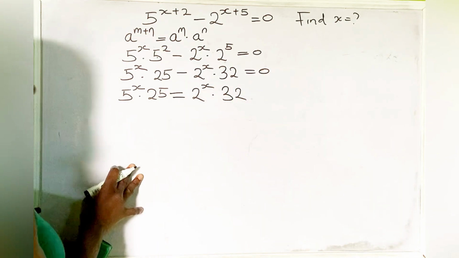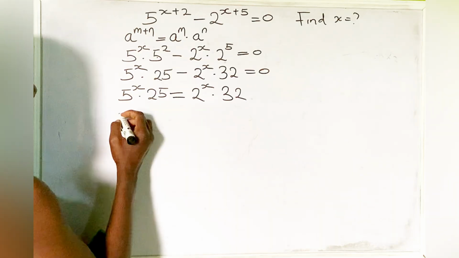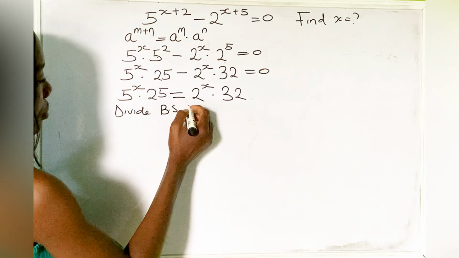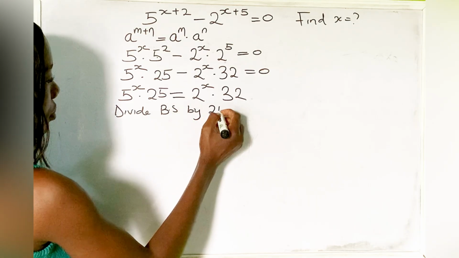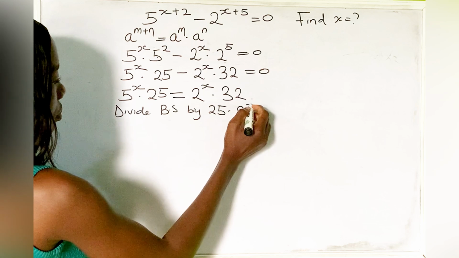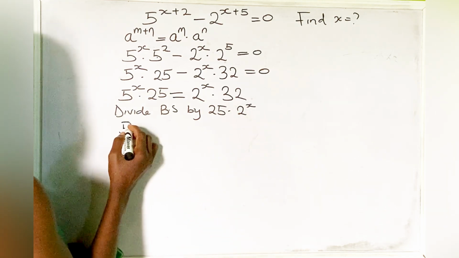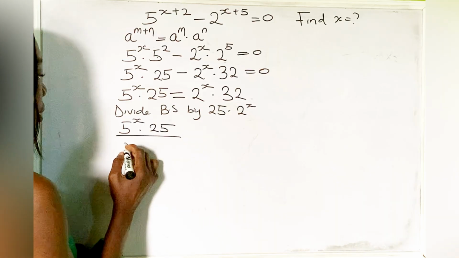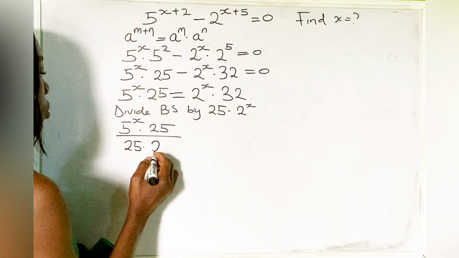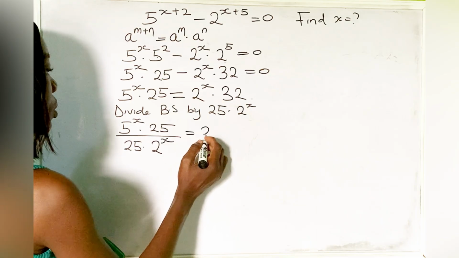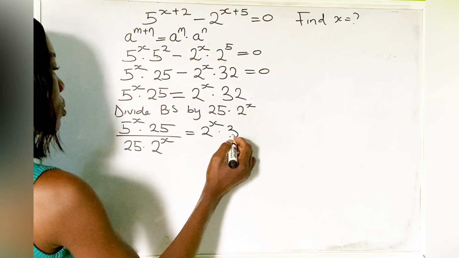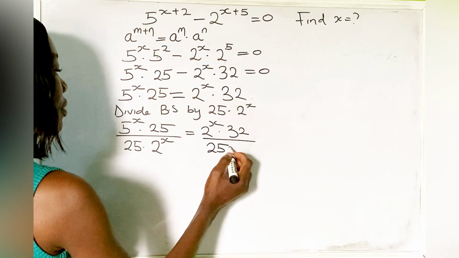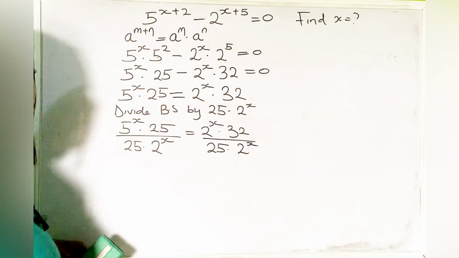Now let's divide both sides by 25 times 2 to the power of x. So 5 to the power of x multiplied by 25, divided by 25 times 2 to the power of x, is equal to 2 to the power of x times 32, divided by 25 times 2 to the power of x.